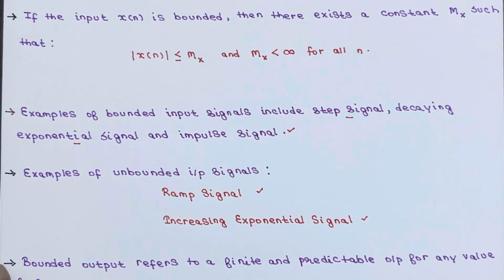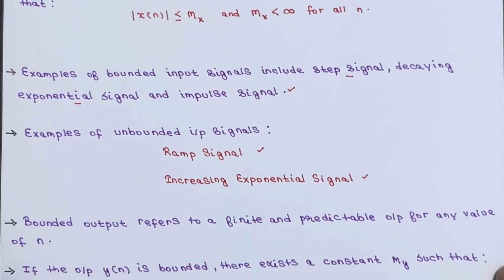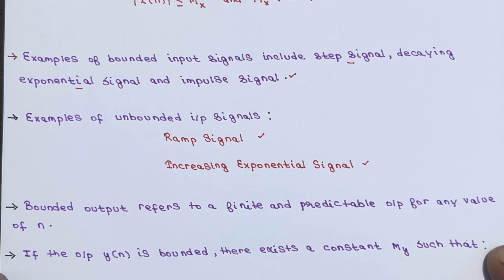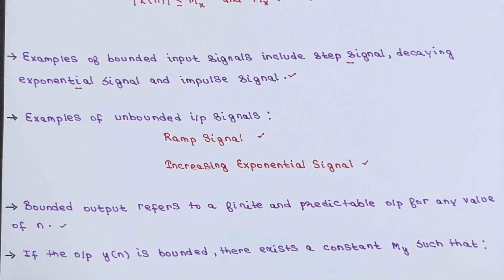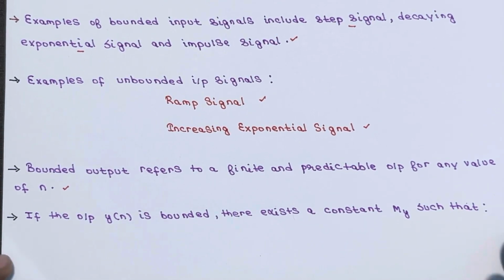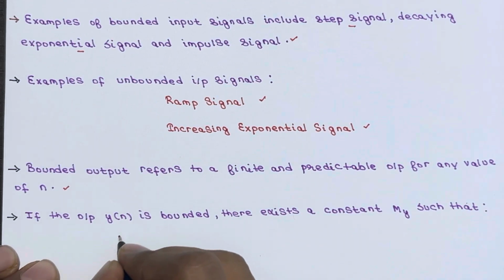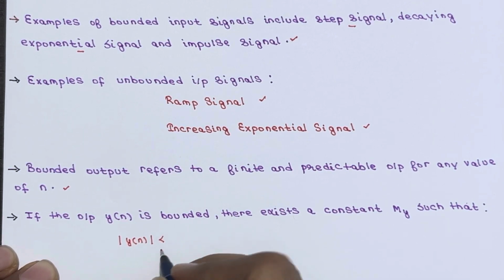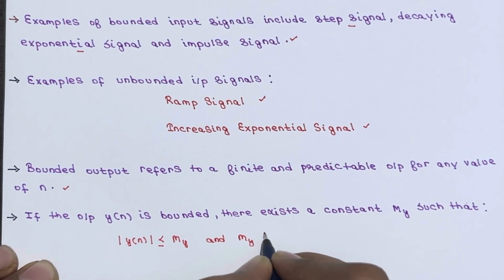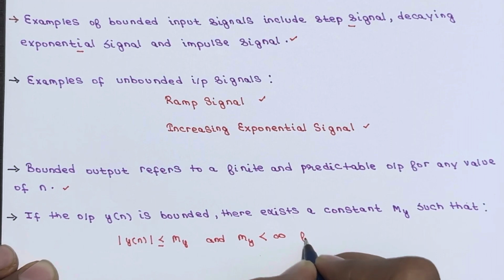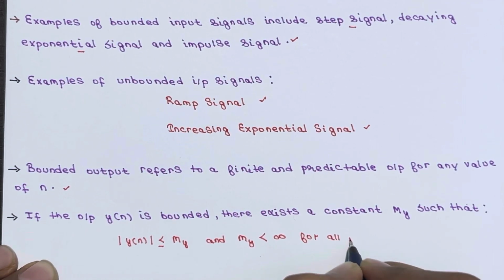Fine. Now let's move further and understand the term bounded output. Bounded output refers to a finite and predictable output for any value of n. So if the output y of n is bounded, there exists a constant My such that mod of y of n is smaller than or equal to My, and this My should be smaller than infinity for all n.